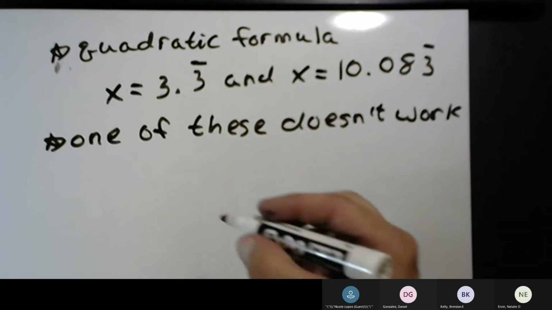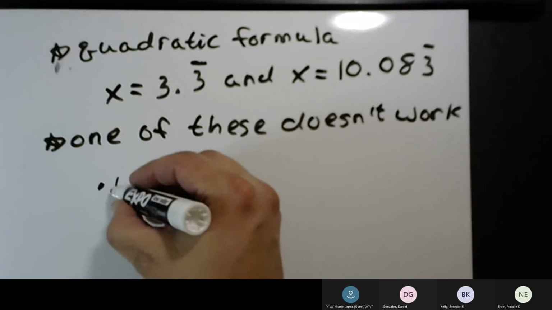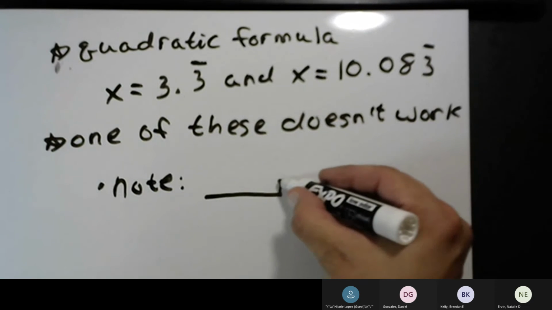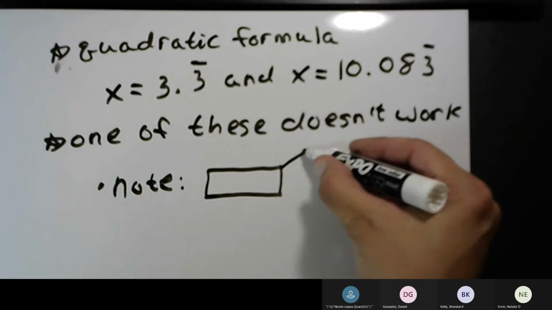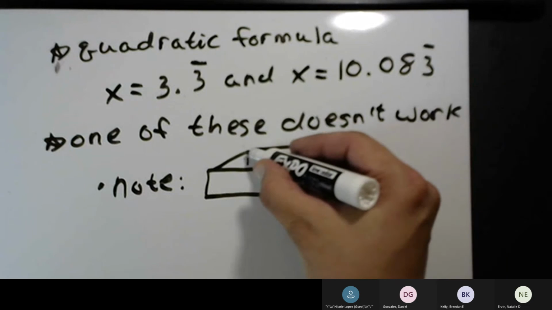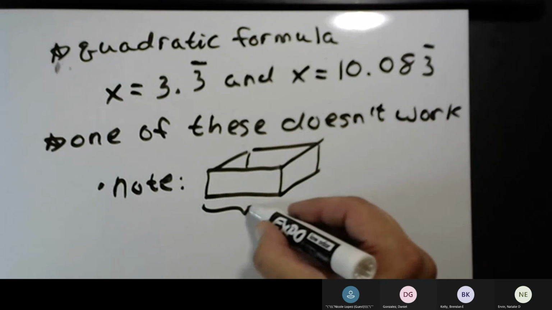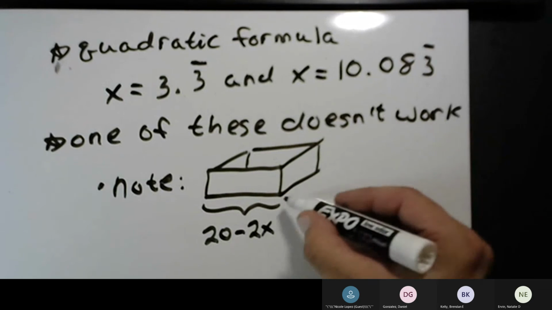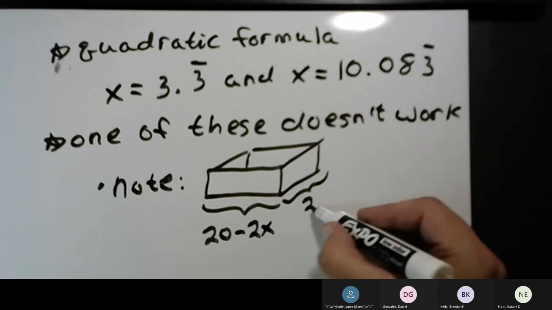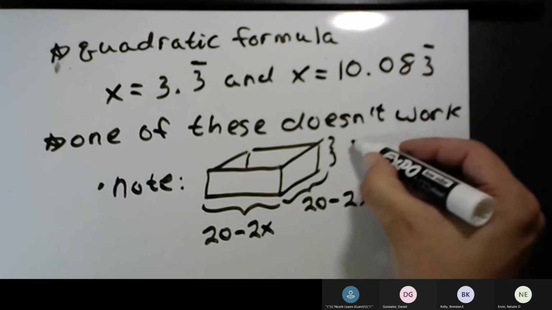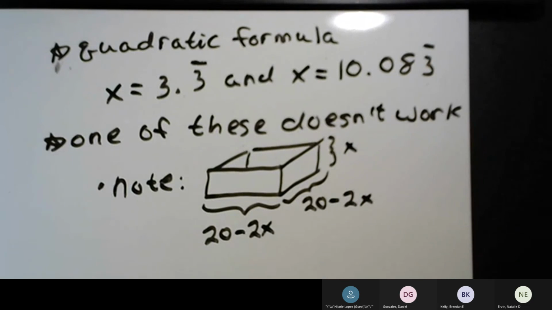And the reason is this. Note, our box is 20 minus 2x, 20 minus 2x, and x.